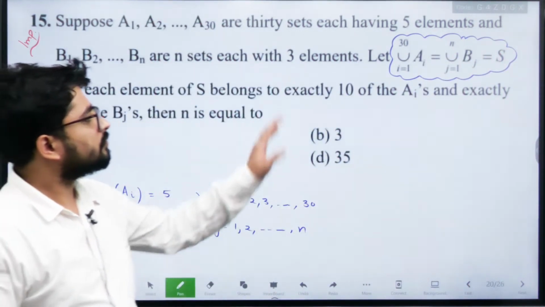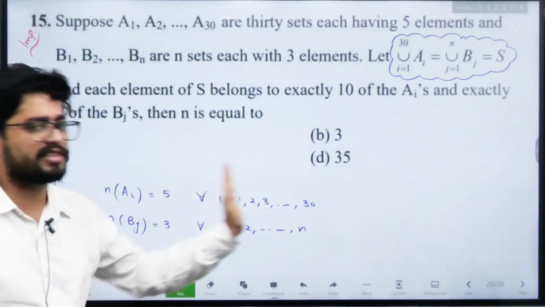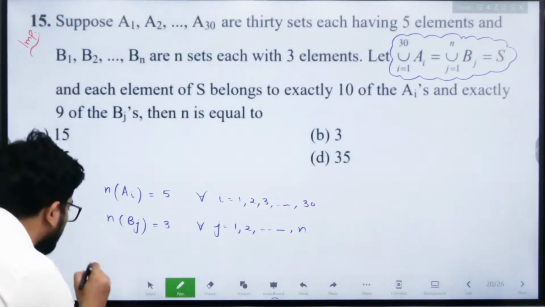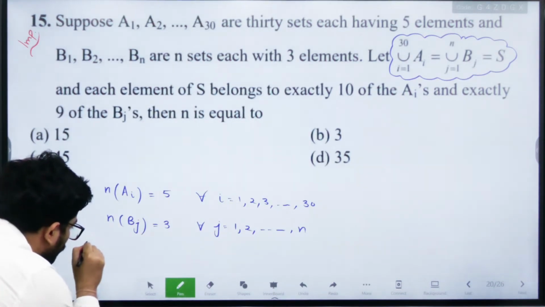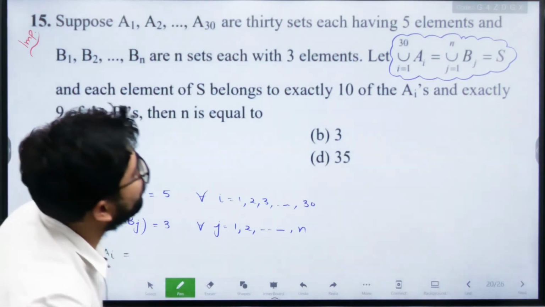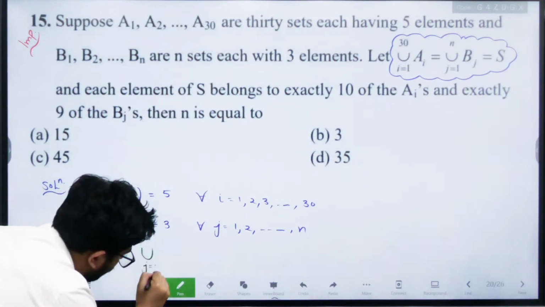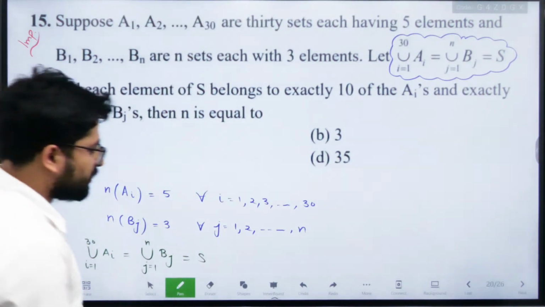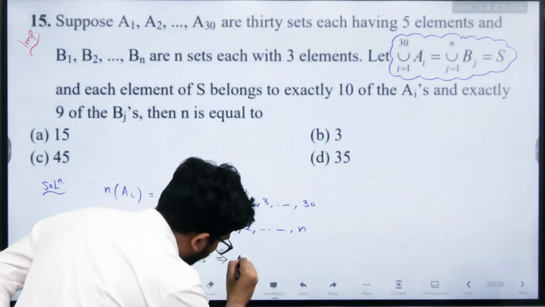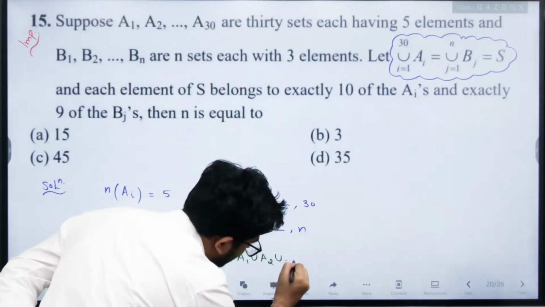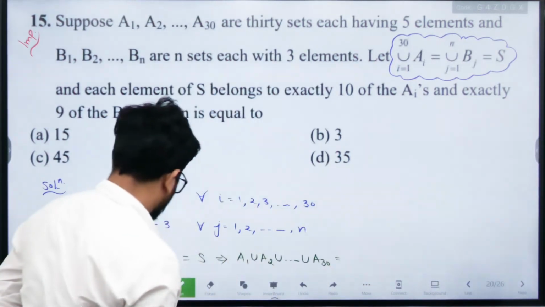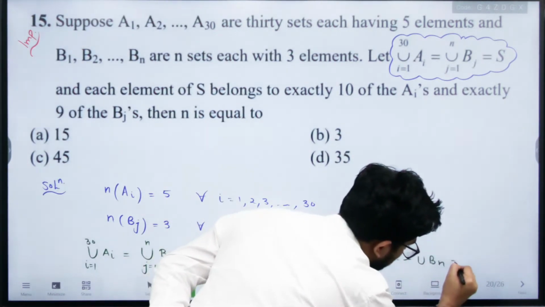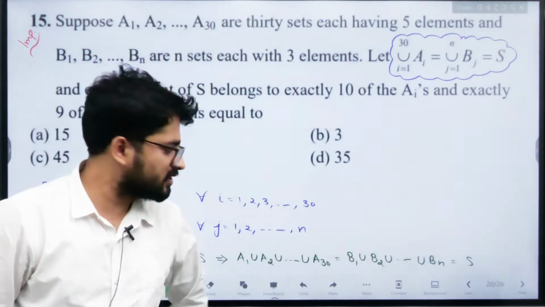If you take the union of Ai for i equal to 1 to 30, it is equal to the union of Bj for j equal to 1 to n, which is equal to the set S. The meaning of this is that if you take the union of the 30 sets, A1 union A2 union A3 till A30, this is equal to B1 union B2 union B3 till Bn, which is equal to the set S.